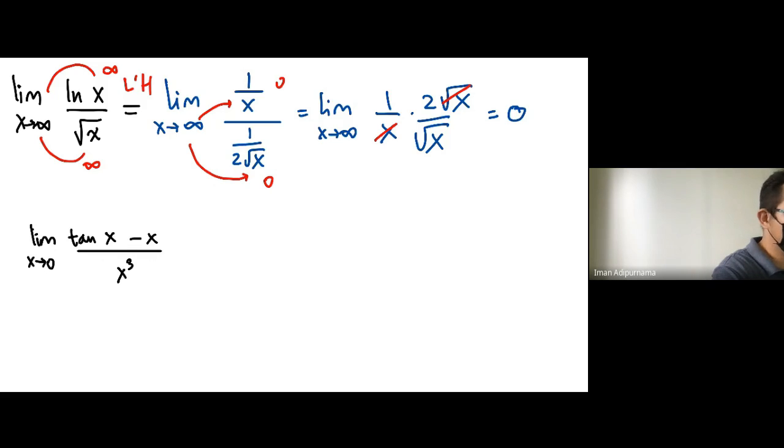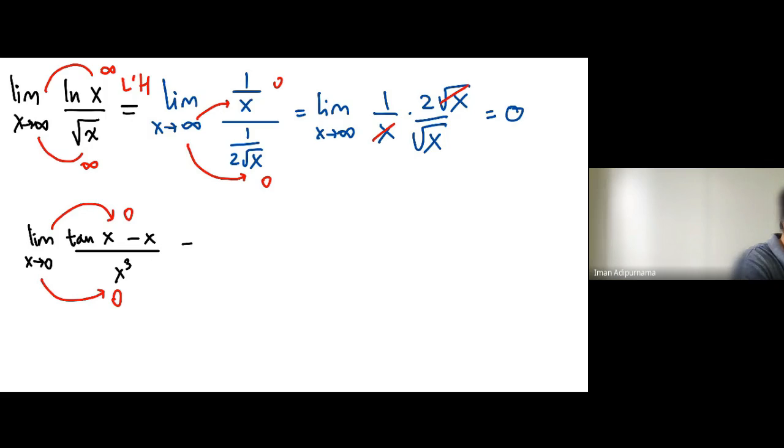Now, if you have this, first thing, every time you see a limit, check the x value. Okay? Always check. Check the x value, and it is 0 and 0, so 0 over 0 situations. Indeterminate forms, then we can apply the L'Hopital rule.